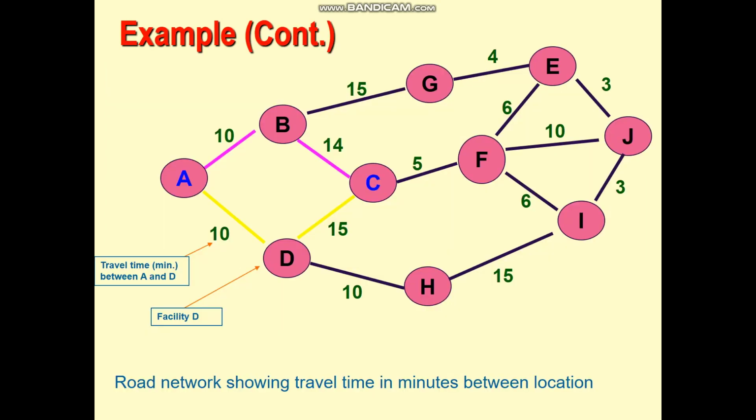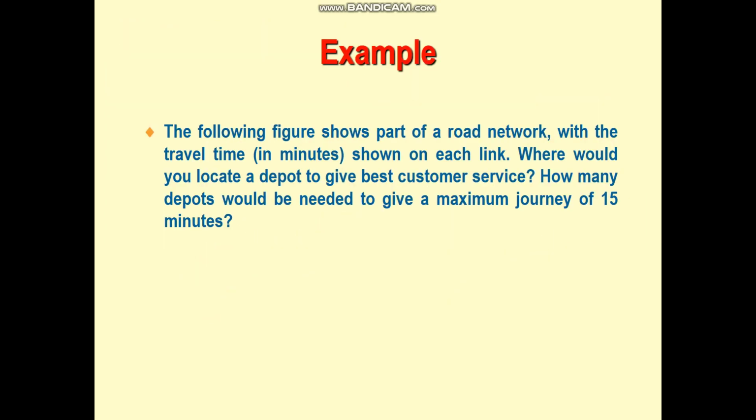The second question: if we locate at C, the maximum time is 25 minutes, but the customer wants the maximum waiting time to be 15 minutes in place of 25 minutes.